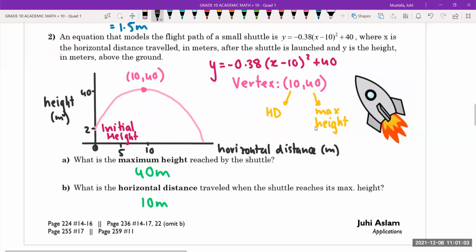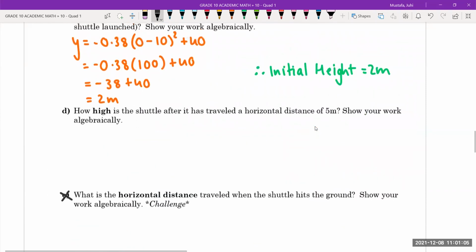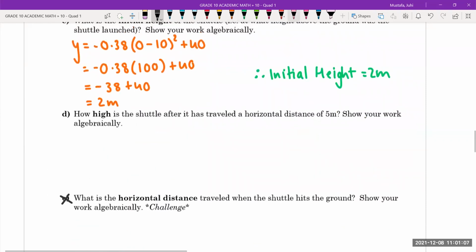So this is algebra work again. We're just going to put it into our equation. Y is equal to negative 0.38. And basically this question is saying x is equal to 5 meters.